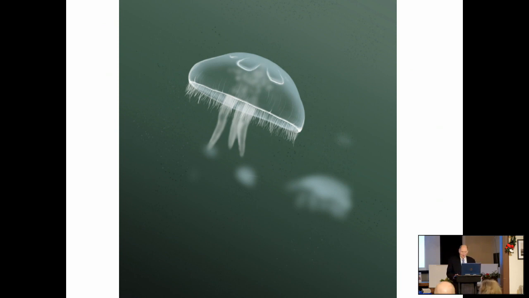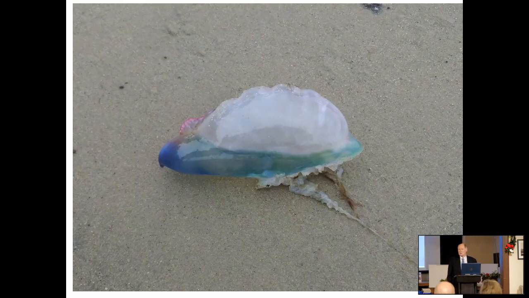Here's an animal we are seeing on the Cape more now that we never used to, and that's the Portuguese man-of-war. I collected this picture at a salt marsh in Cotuit about two summers ago, and now we're getting reports of this every summer. Both hospitals are reporting stinging visitors from this particular animal.